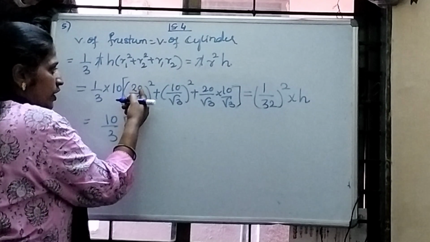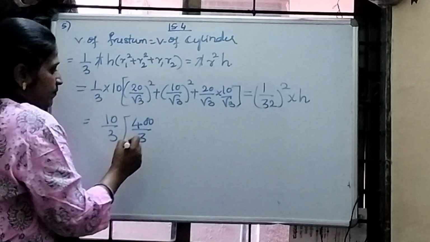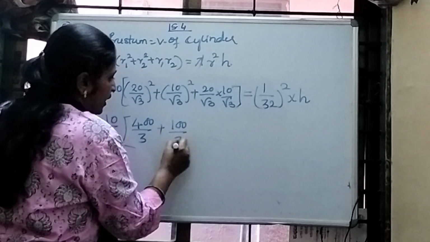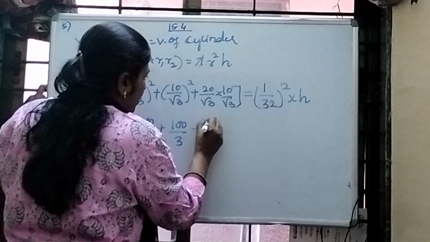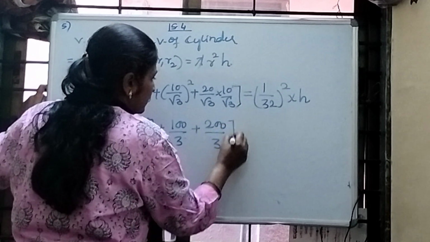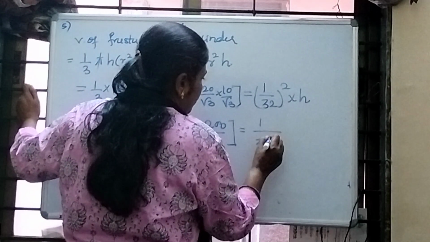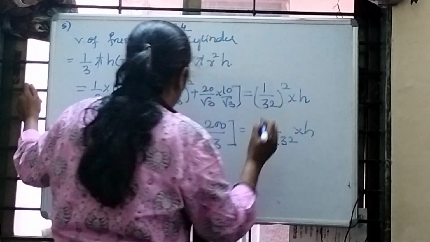We need to take only 20 square, that is 400 by 3, plus 10 square is 100 by 3, plus 20 tens are 200 by root 3 into root 3, again 3, is equal to 1 by 32 into 1 by 32 into h.